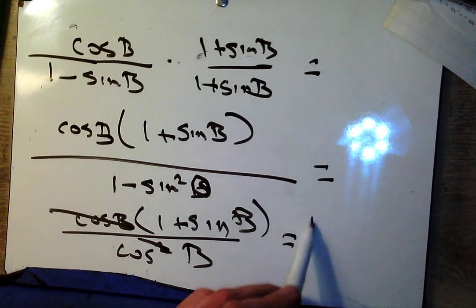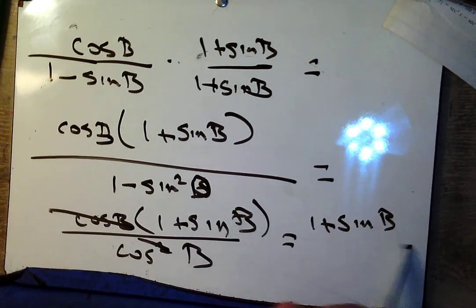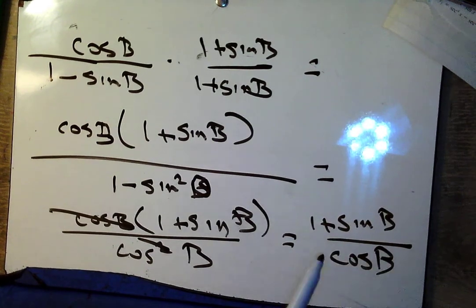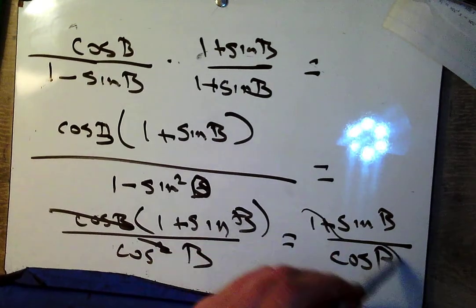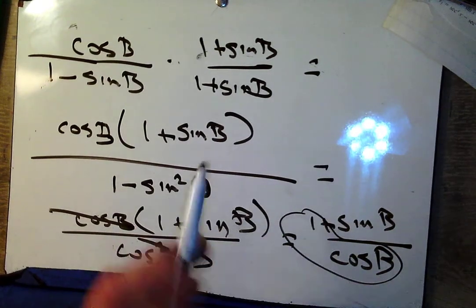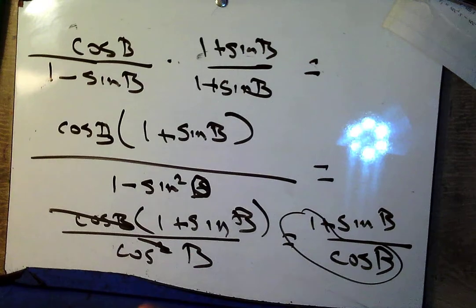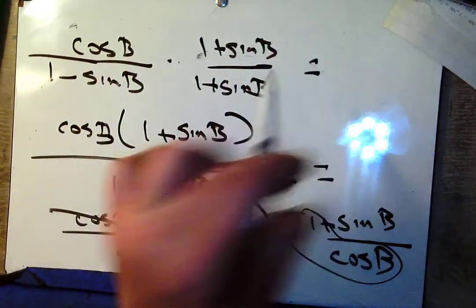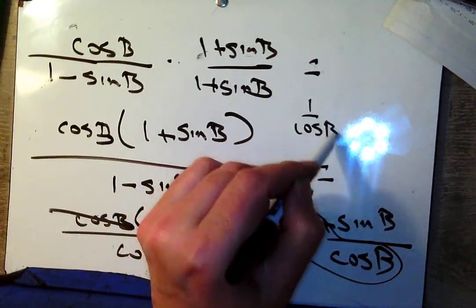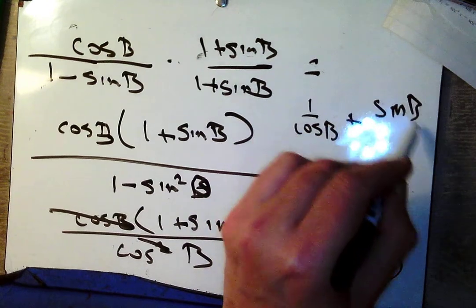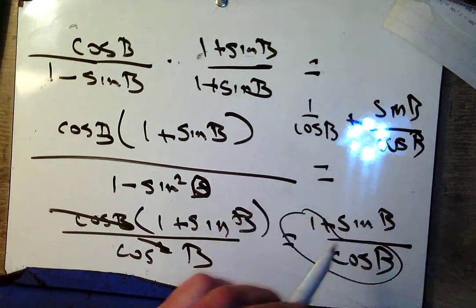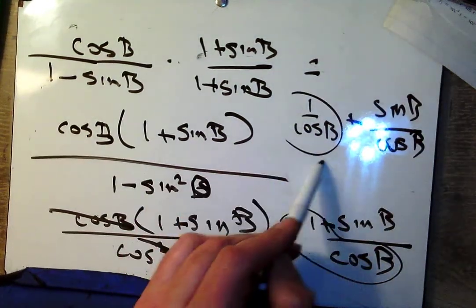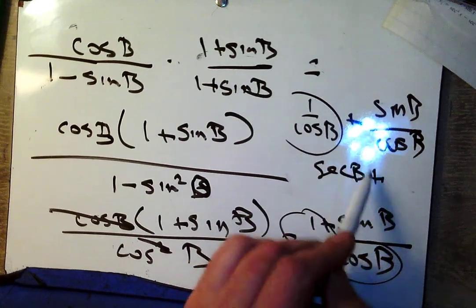And now that I have 1 plus sine beta over cosine beta, yeah, now I want to split this up into 2 fractions. 1 thing on the bottom, 2 things on the top, I can split. 2 things on the bottom, 1 thing on the top, I cannot split. So right now I have 1 over cosine plus sine over cosine. Well, that's secant. And that's tangent.